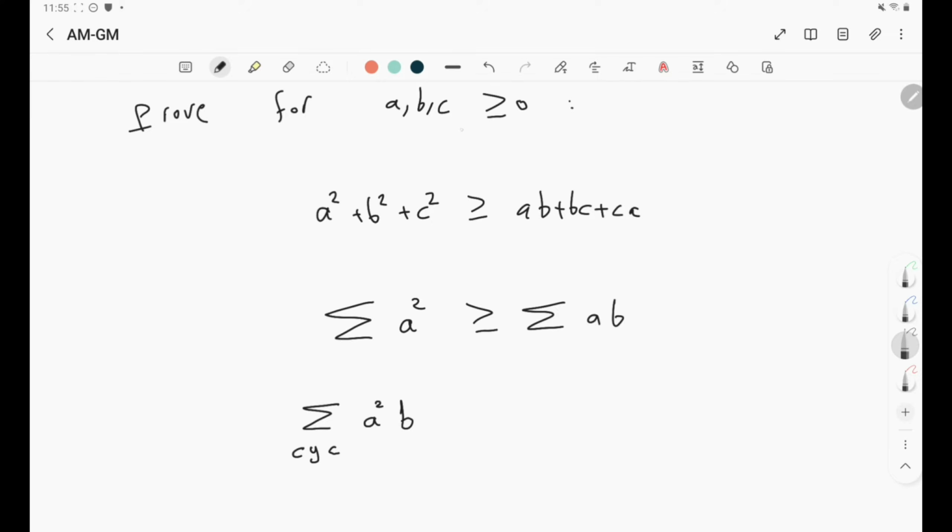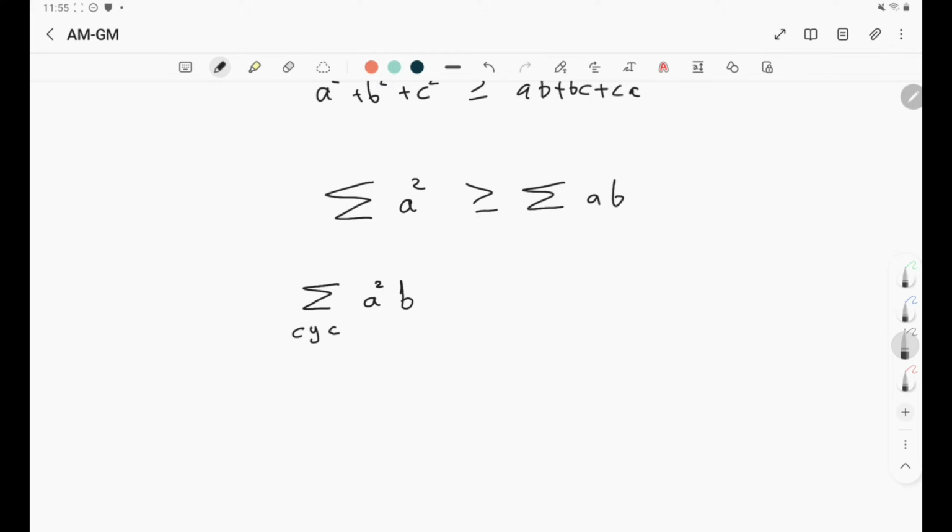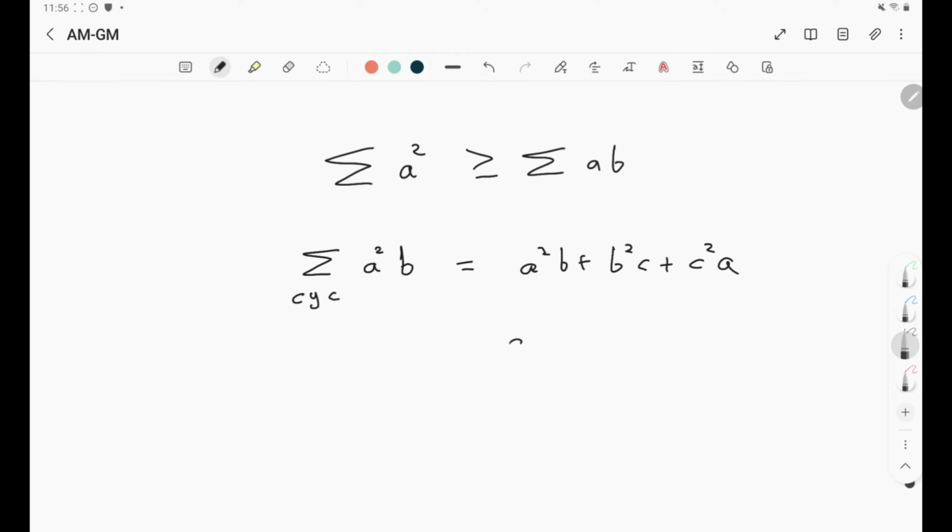That actually means this is a square b plus b square c plus c square a. What exactly are we doing? Imagine that we have a circle here, and we have arrows going like this. So, if we just look at this, what is it telling us? How can we construct that this is this? Why don't we have, for example, a square c?